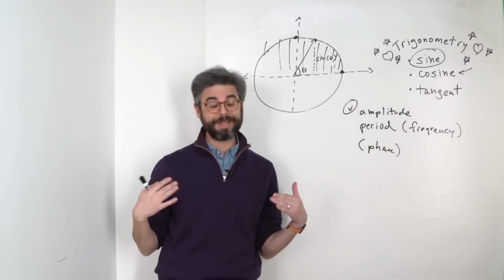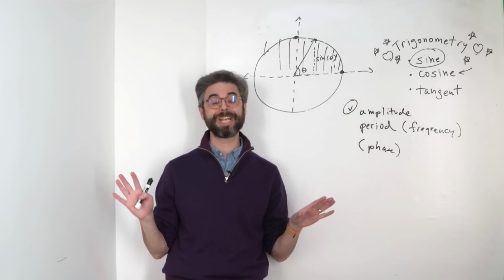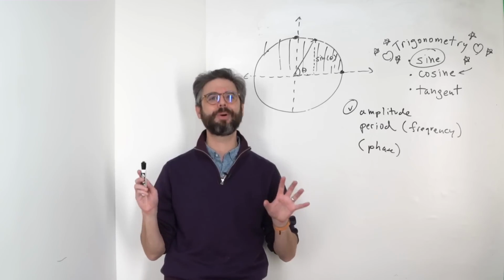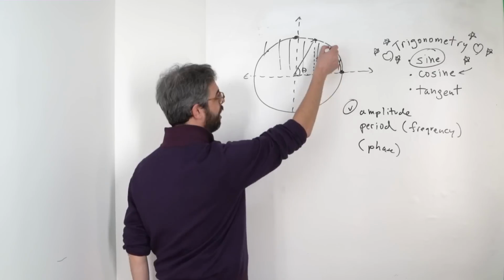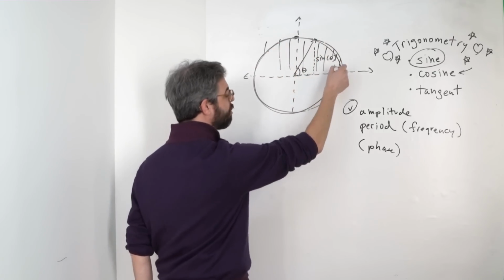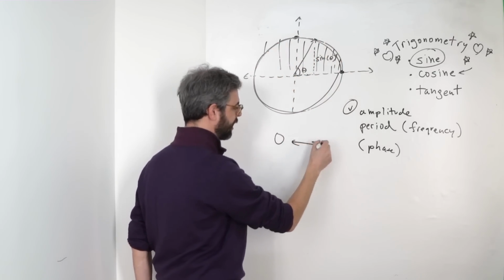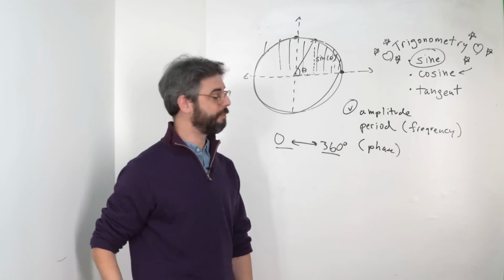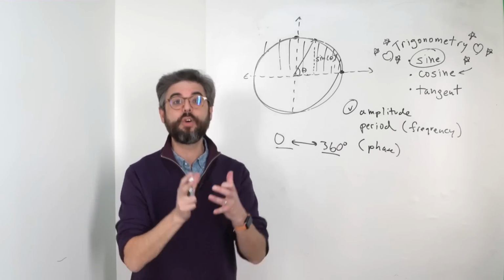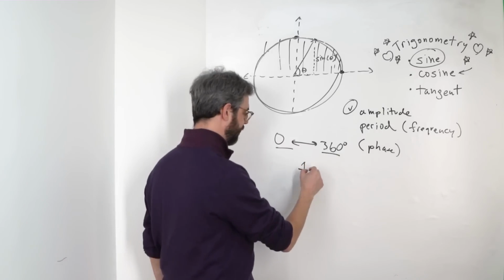This is where it might be useful for us to kind of return back to thinking in terms of degrees, just to unpack what this means a little bit more. So we know that a full cycle of the sine wave goes from 0 all the way to 360 degrees. What if I wanted to have a period of 1 second? I wanted to see the full sine wave in 1 second.